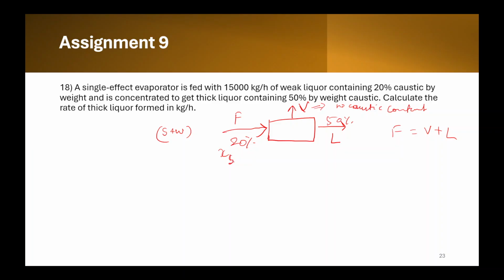Suppose X of S in F is 0.2, and X of S in L we know is 0.5, and X of S in V is 0 because this is pure vapor. So we can write the component material balance. This is the overall material balance.